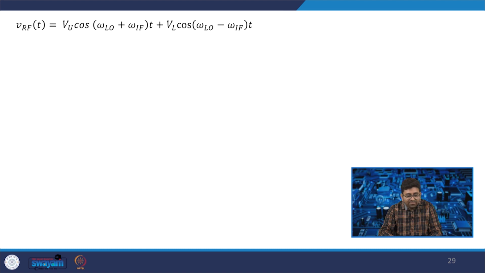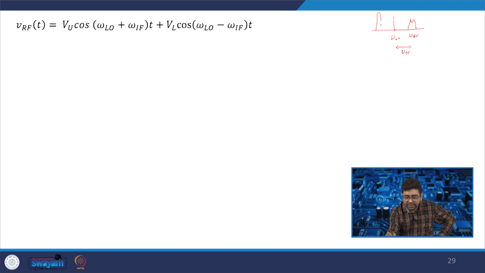So, V_RF, we can write it down as V_u. Let us say this is omega LO, and there is one signal called the upper sideband, at high frequency, that is omega RF, so omega LO plus omega IF.